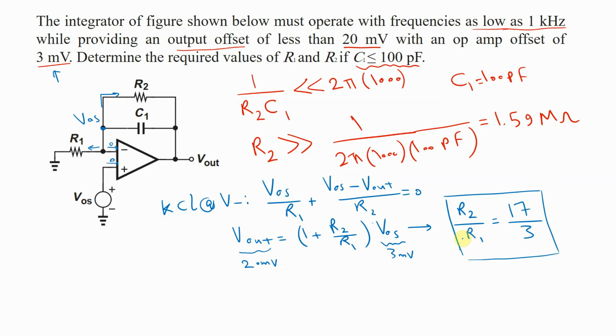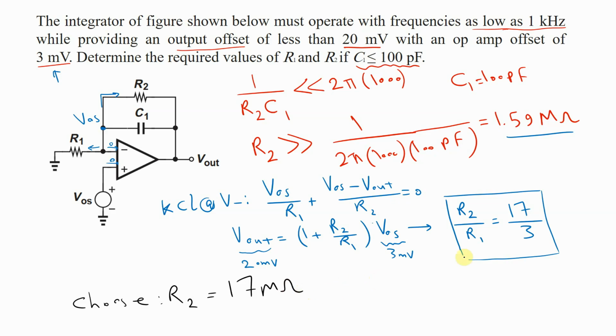In most electronic designs, you end up with some ratio between resistors, and by some limitations you can calculate both resistors. Just for the sake of simplicity, I can choose the R2 value, something like 17 mega ohm.